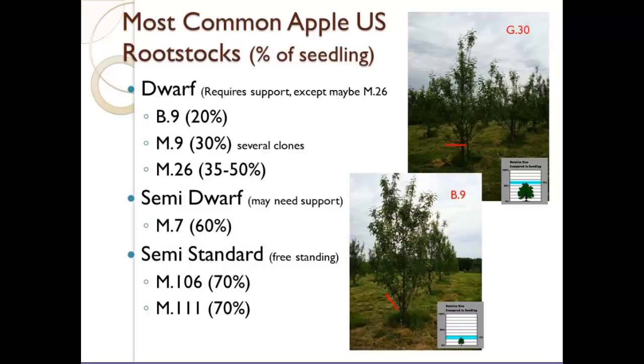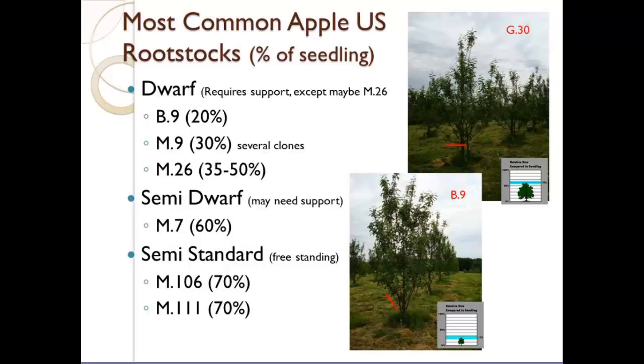And then there are semi-standard, which are about 70% of a freestanding tree. And so you notice that I say that the dwarfs require support, except maybe M26, but even that one I would probably put support on it. M7 definitely needs support, at least early on until they're well established, like the first 5 years or so. But the M106 and 111 are freestanding and do not require support.